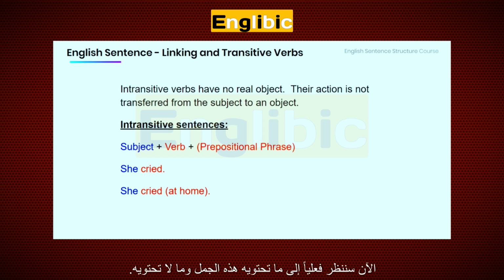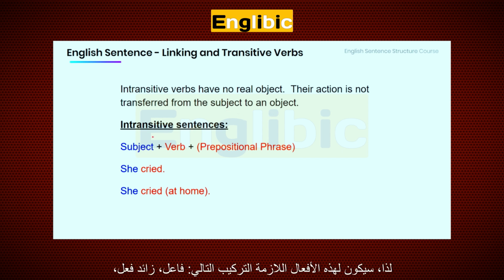Now we're going to actually look at what these sentences have and what they don't have. So these intransitive verbs have no real object. That means that their action is not transferred from a subject to an object. Okay? It's not transferred from a subject to an object.